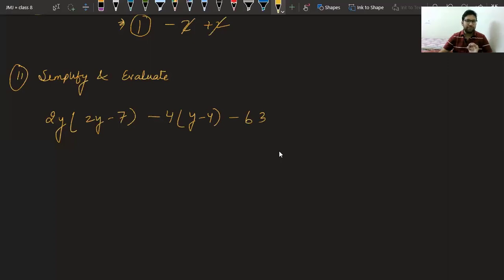First you have to simplify this and then you have to evaluate at y is equal to minus 2. Please do it fast. Try to simplify this. Try to write the like terms together. If you are able to add them, subtract them, do that. And finally, when you have got the final statement, then only evaluate.